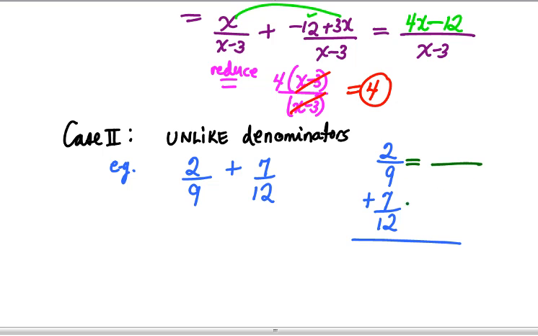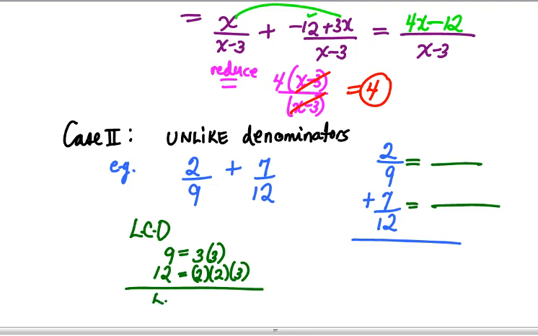We now have to come up with the lowest common denominator. We need the LCD, the lowest common denominator, because that's going to go here, and that's what's going to allow us to build our fraction. In order to do that, we have 9, which has the prime factors 3 and 3, and 12, which is 2 times 2 times 3. So to get the lowest common denominator, we take each factor the most number of times it occurs in any one denominator.